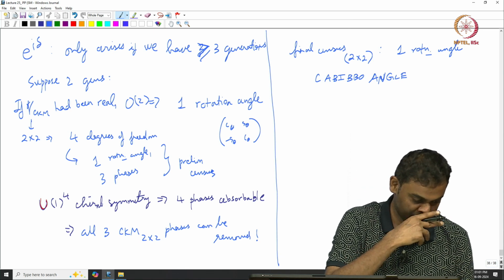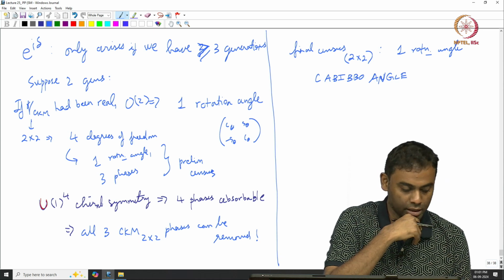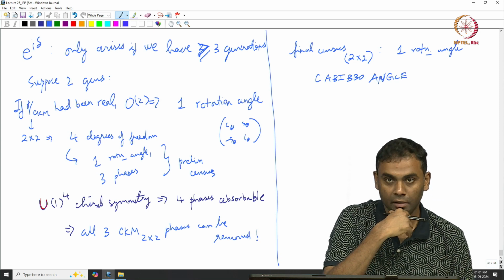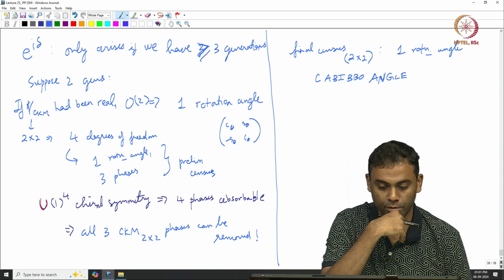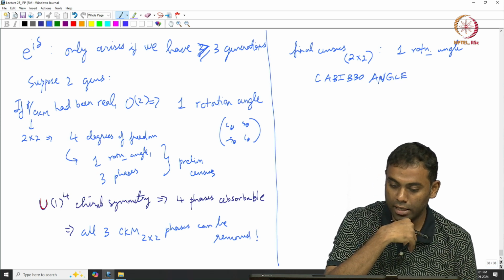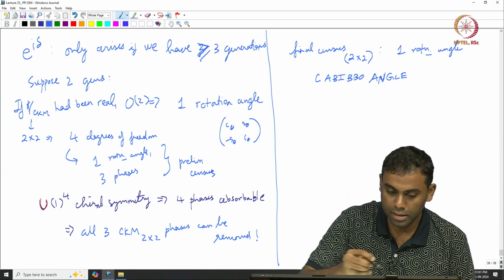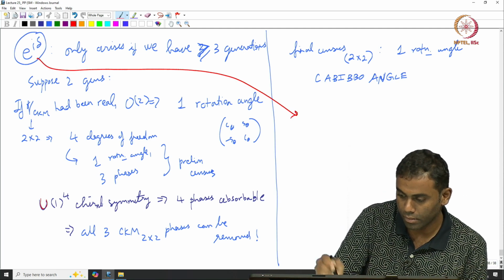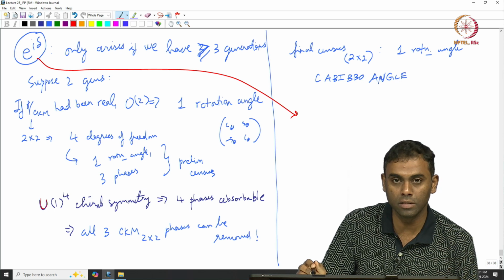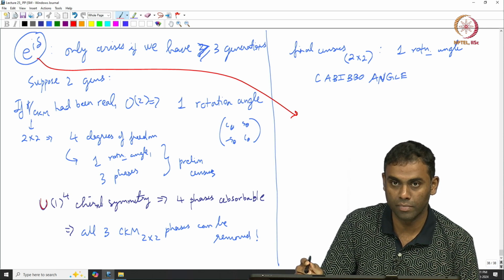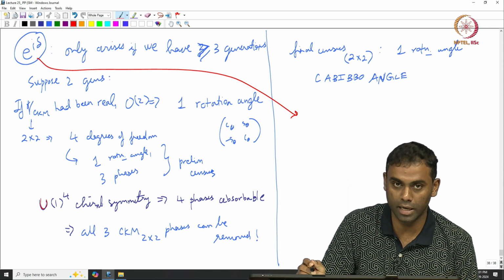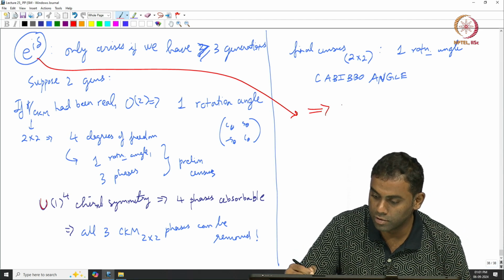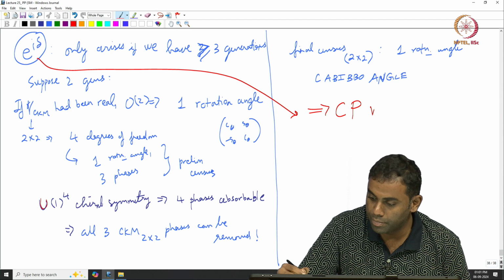Okay. So, here is what I am going to claim and show you how this comes about. The claim is that this e power i delta, when I have this unremovable phase in mass mixings like the CKM, that is exactly what gives rise to CP violation.